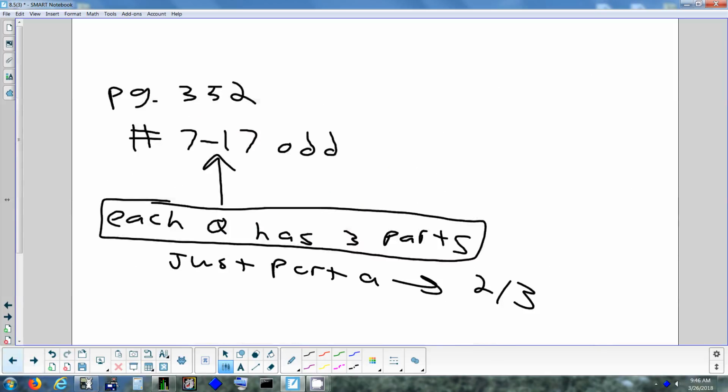Part A is to find the dot product. Part B is to find the angle. We haven't talked about that yet, but if you do part A, you're going to be already halfway done the homework for the next time, which is parts B and C.